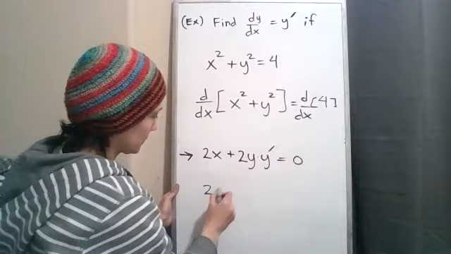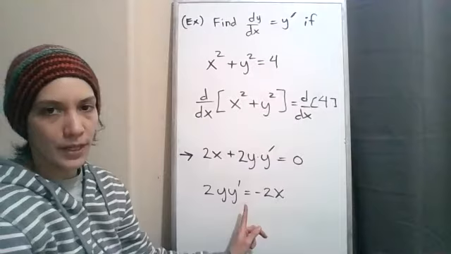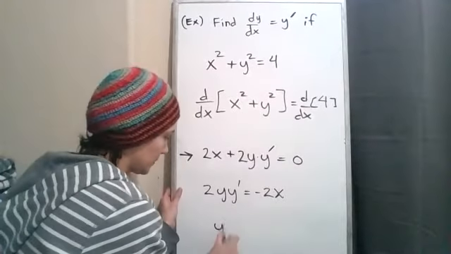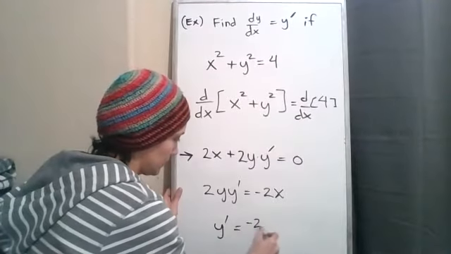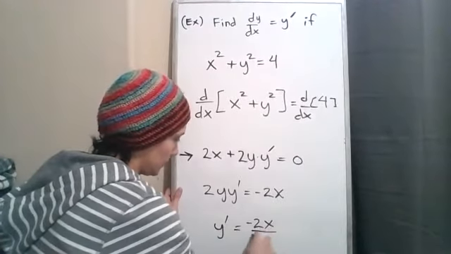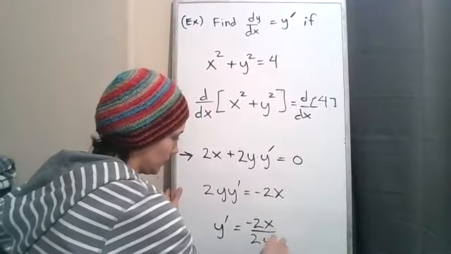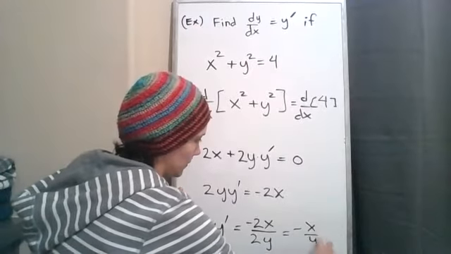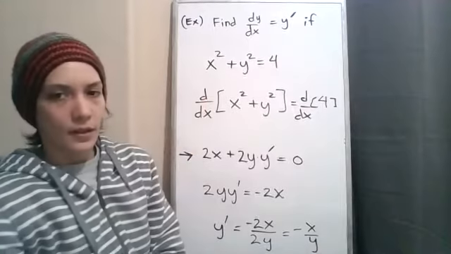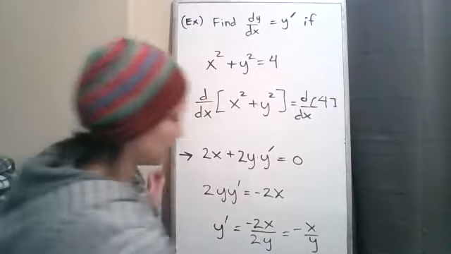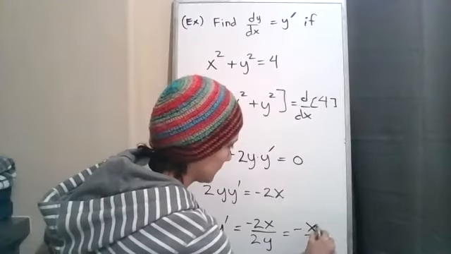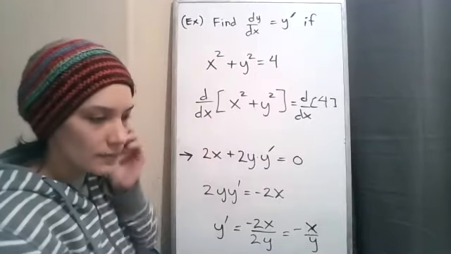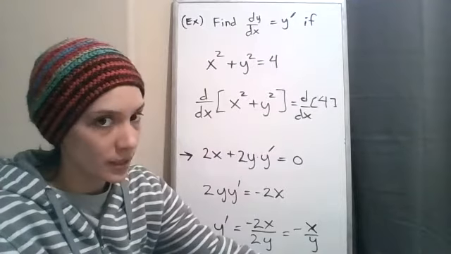All right, subtract that, divide both sides by 2y. Got negative x over y. Going to draw a quick sketch.